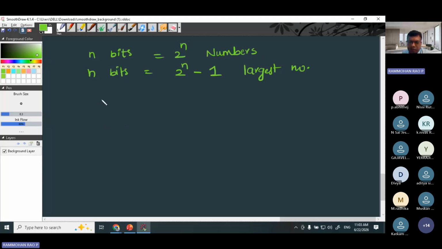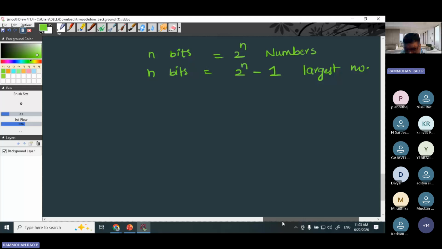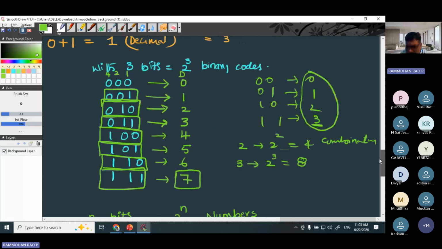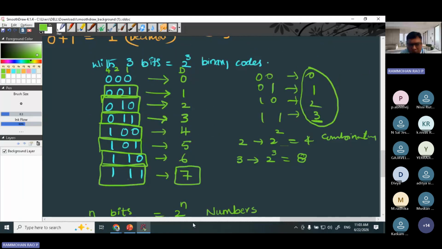For example, with 3 bits, how many combinations will we get? 8 combinations. Just now we have seen with 3 bits, we have written 8 combinations. What is the biggest possible number we got? We got 7. Can I write 7 as 2 power n minus 1?